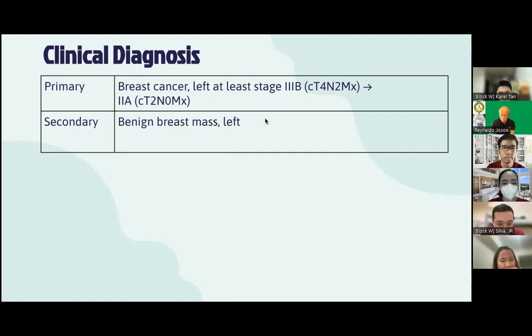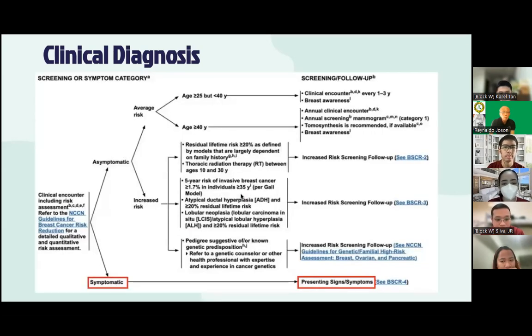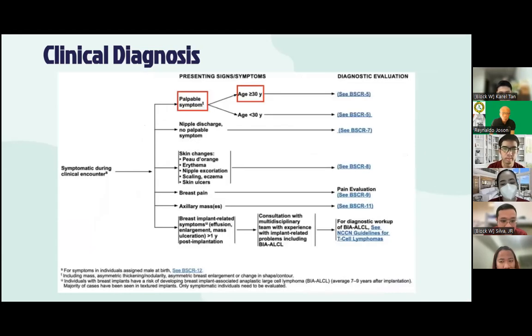So for the clinical diagnosis, we followed the NCCN guidelines for patients who are symptomatic, who present with palpable breast mass and are greater than 30 years old.